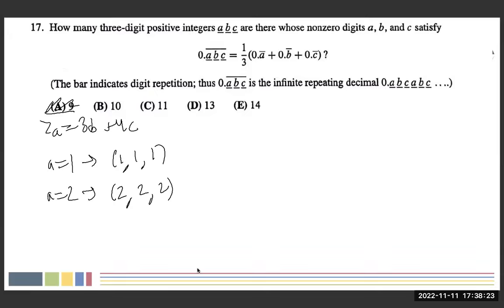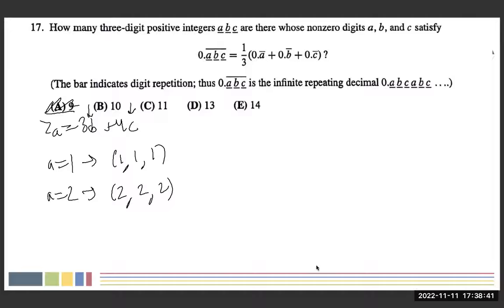The way we do that is by either subtracting 4 from the value of B and adding 3 to the value of C, or adding 4 to the value of B and subtracting 3 from the value of C. The reason that gives us another solution is that we're just adding 12 and then subtracting 12.